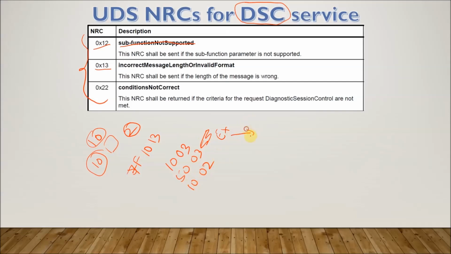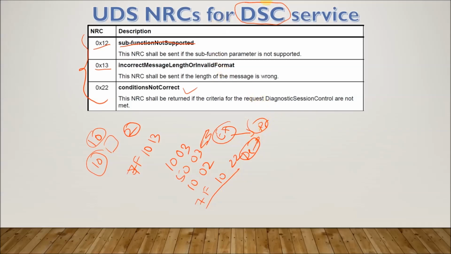So from extended to programming you requested. The condition for entering programming is that it should be in the default session. So this condition is not met. From extended to programming you are trying to switch. So the conditions are not correct. So you will get 7F 10 22. You will get this response.